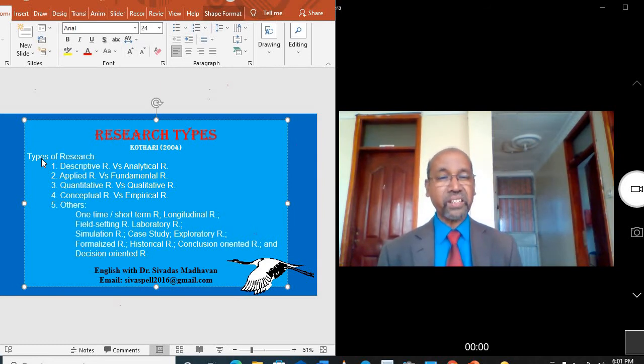Next one is case study research. Case study research is slightly different from the other research, mainly because it is to verify the truth of a fact. See, for example, if there is a general concept that women get less salary than men, a researcher can conduct the research in a factory, considering the employees of the factory, whether they get the same salary or a different salary based on their gender.